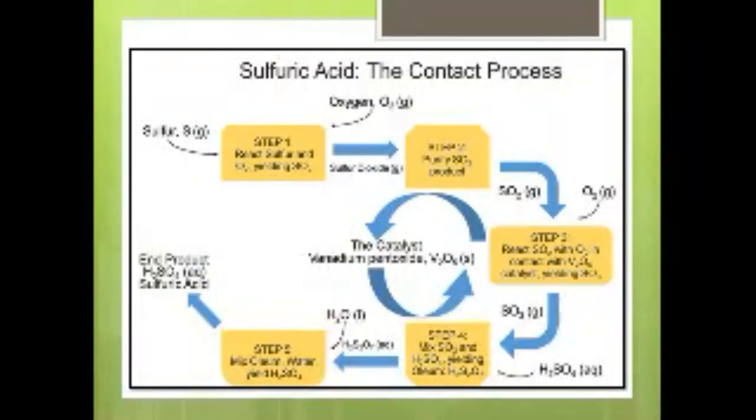Then in the third step sulfur dioxide reacts with oxygen in the presence of vanadium oxide catalyst and forms sulfur trioxide. Then sulfur trioxide and sulfuric acid react with each other and form oleum. Then oleum reacts with water and forms the end product, which is sulfuric acid.